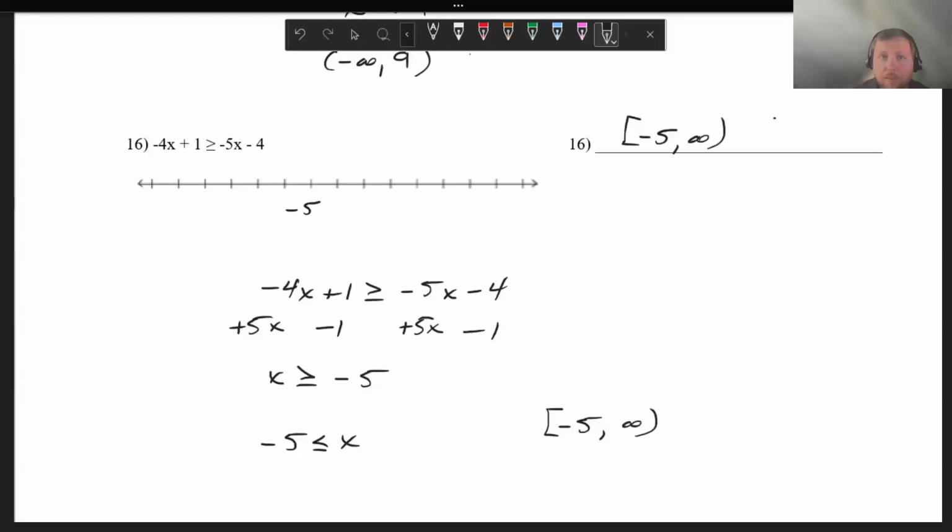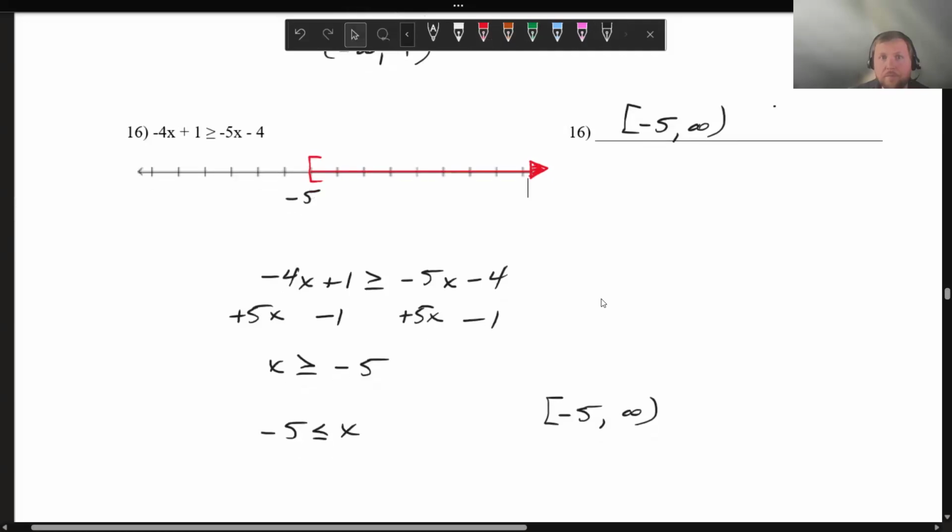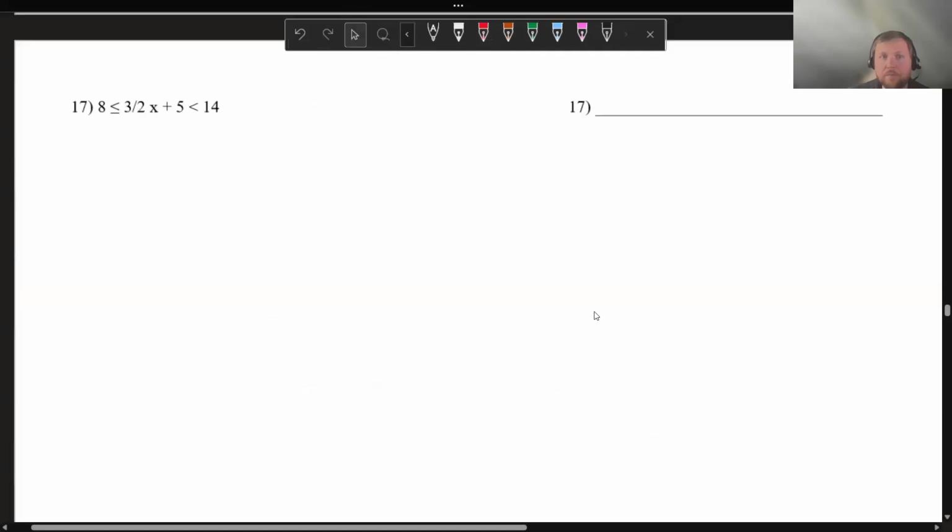I can just mark a -5 somewhere and then draw my graph. Just like that. Okay.